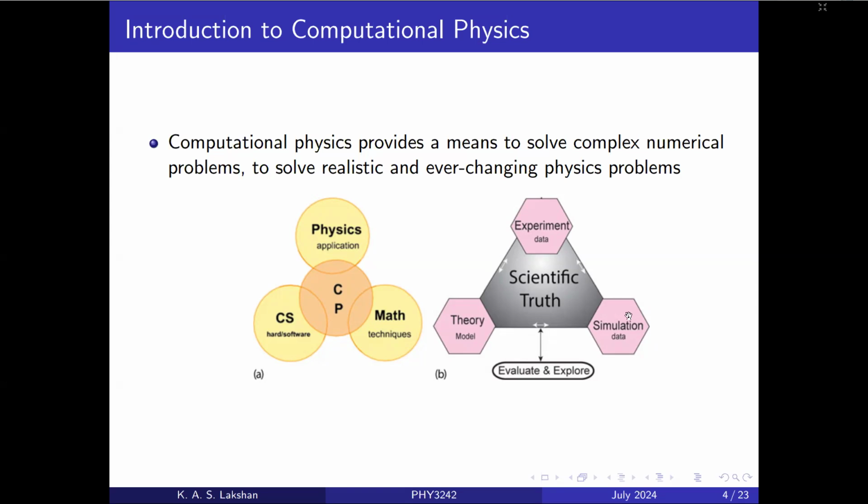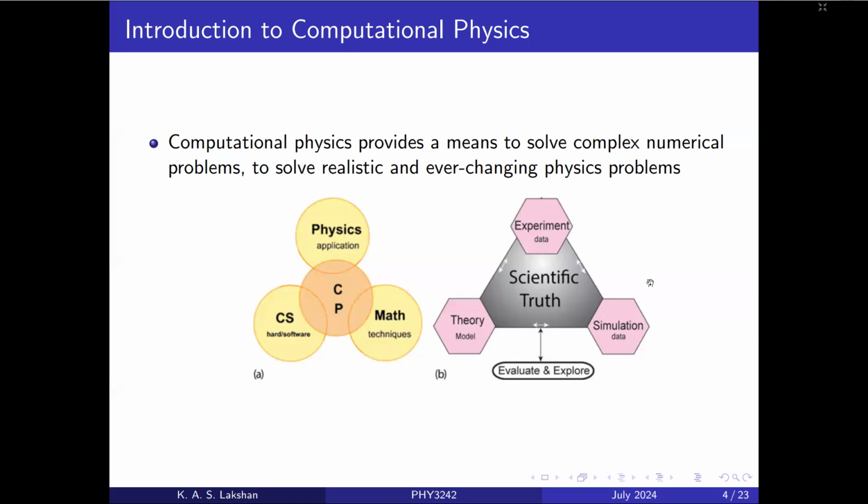Now, these simulations are mainly based on computational physics methods. Using computational physics methods, you can develop simulations as well as do computational calculations. Calculations are used in all three here. Likewise, computational physics is mainly involved in identifying scientific truth in research, for evaluating and exploring concepts.